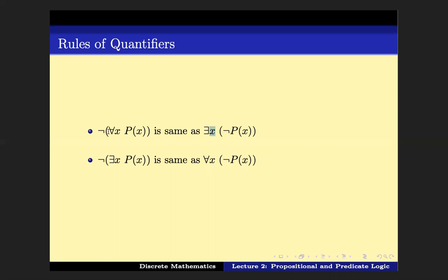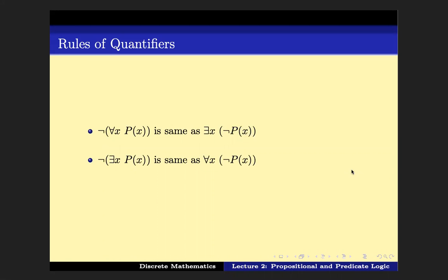The quantifier before gets flipped, and the predicate is negated. Same as here. Now, you can try to convince yourself why this is the correct rule to have. I will not go into it. You can prove it actually.